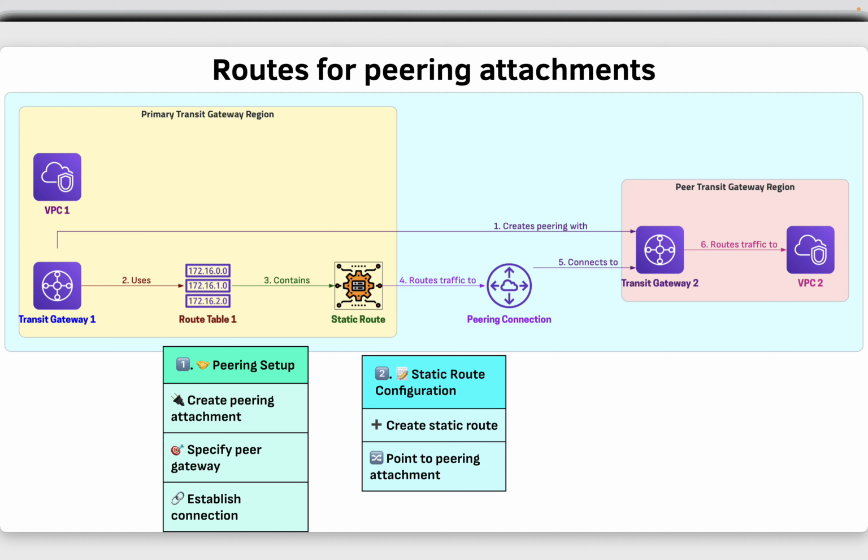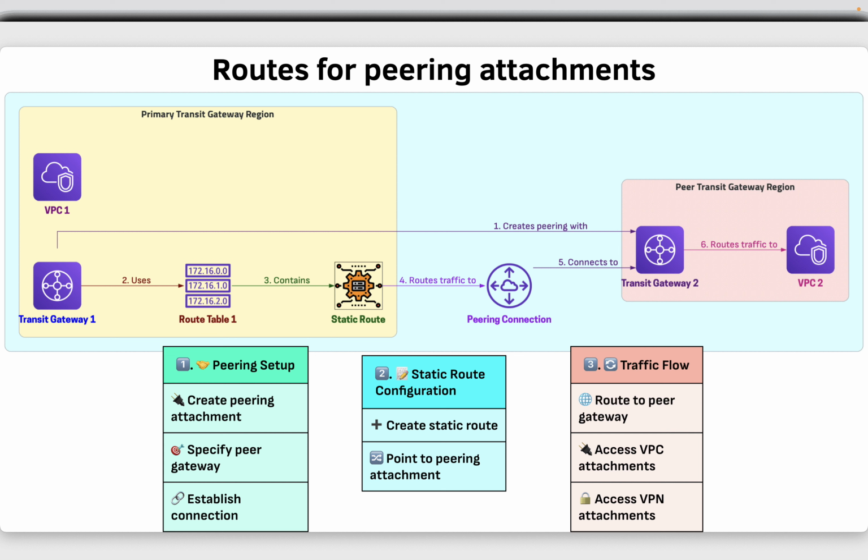You must create a static route in your transit gateway route table that directs traffic to the transit gateway peering attachment, enabling communication between the paired gateways. Once configured, traffic can flow through the peering transit gateway and be routed to its associated VPC and VPN attachments, enabling comprehensive network connectivity across paired transit gateways.